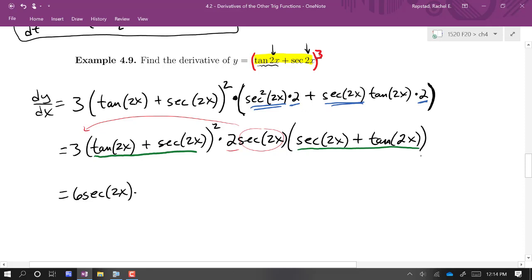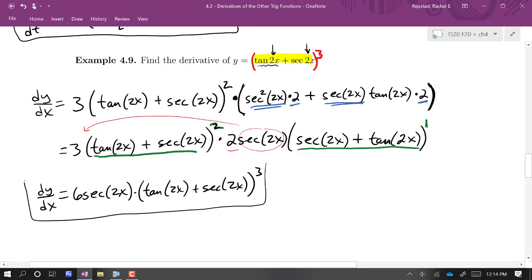It doesn't matter what order you add two things together. Those are the same factor, which means I've got that stuff squared here, and I'm multiplying by the same base to the first power. I'm just going to add those exponents. So I have tan 2x plus secant 2x cubed. And that's about as simple as this one will get.